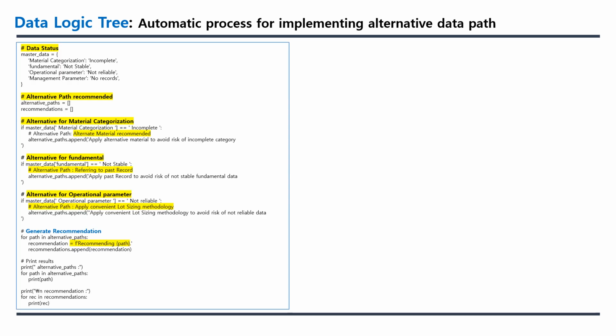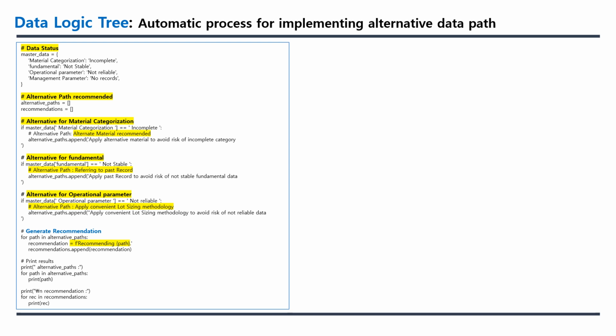So this program is now managing the alternative data path. So when we identify the data status, then we should identify the alternative way for each category of data.